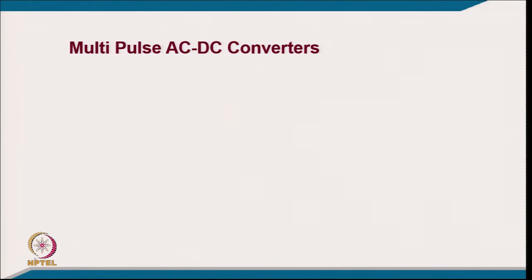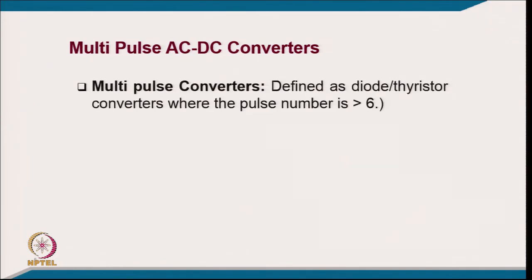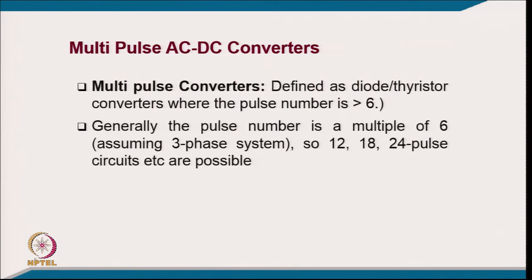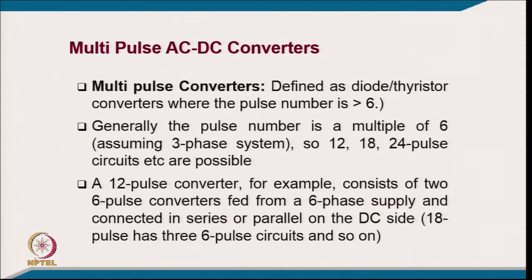Coming to multipulse converters, they are defined as diode or thyristor converters where the pulse number is more than 6, and generally the pulse number is a multiple of 6, assuming 3 phase systems. So, 12, 18, 24 pulse circuits are possible.